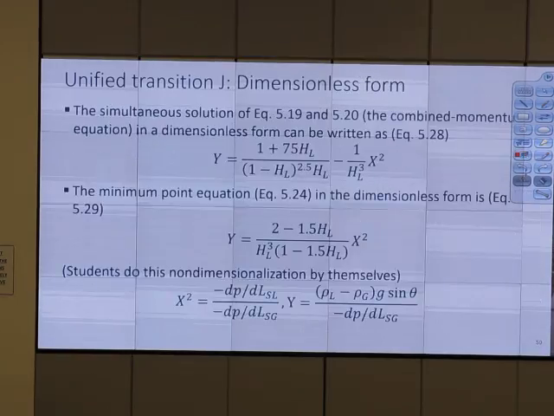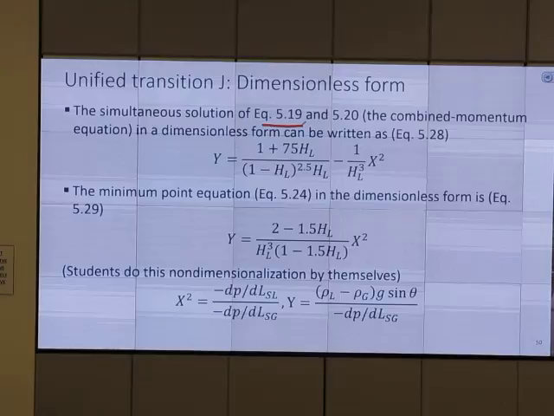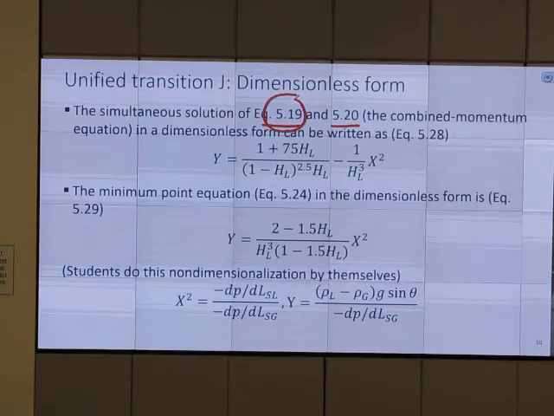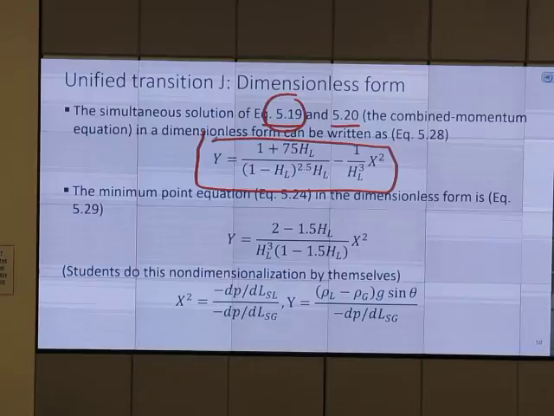So the simultaneous solution of 5.19 and 5.20: 5.19 is the combined momentum equation, the required shear stress. 5.20 is the supply shear stress. We get the simultaneous solution of those equations and make it in a dimensionless form. When it is in a dimensionless form, it is like that. Okay.